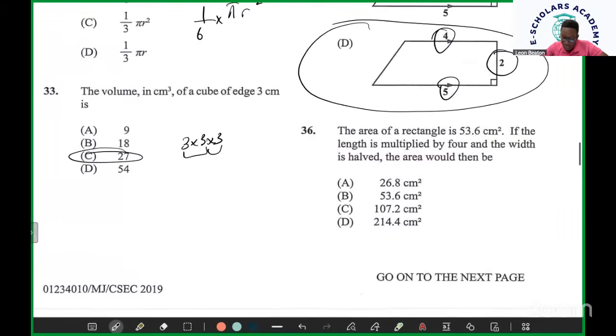All right, the area of a rectangle is 53.6 cm squared. If the length is multiplied by 4 and the width is halved, then the area will be. The same thing we do to the length and the width, we can do to the answer.